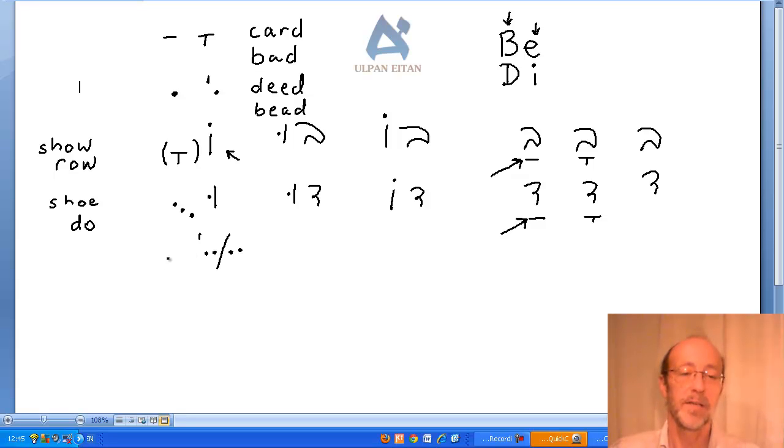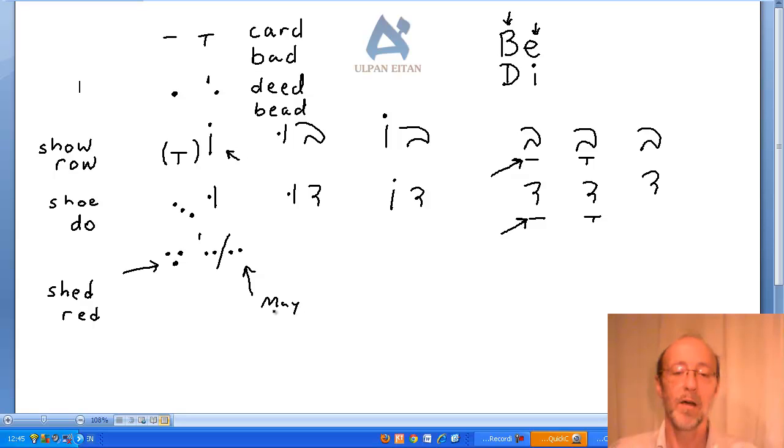And then its pair, or dynamic duo, is three dots, which is, in this case, a different sound. This one being more like the E sound in shed, or the color red. And this one, the cat's eyes, being an A sound as in the month of May, or every day.